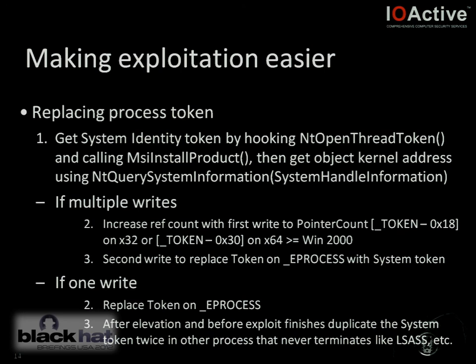So the reference count will never reach 0, so you won't get a blue screen. So like I said, it's three easy steps: get the identity token, get your token kernel address, replace it in your process, in this case the exploit, and instantly elevate privileges. Just make sure to take care of the reference count.